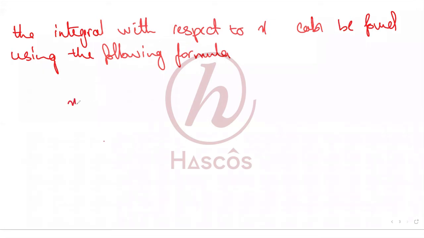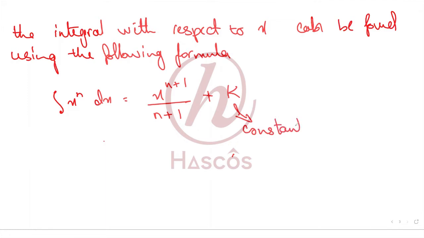We start integrating x to the power n, and it is converted into this form: x to the power n plus 1, and then you divide by the power added to 1 as well, and then you just add a k. This k is known as the constant of integration. You don't know its value when you start integrating, so you just write a simple k towards the end when you're done with the integration.